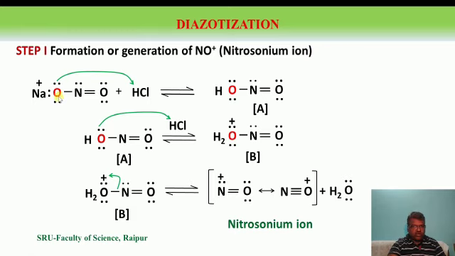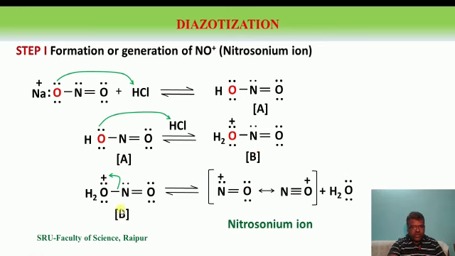The oxygen present in sodium nitrite is protonated by HCl and product A is formed. In product A, this oxygen is again protonated with another mole of HCl and compound B is formed.